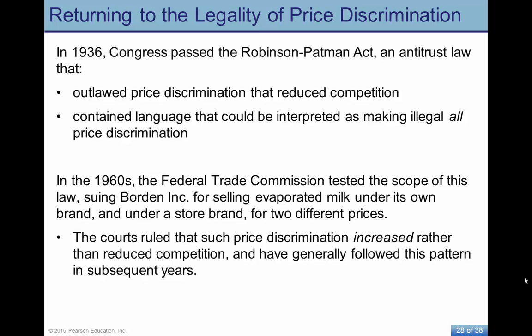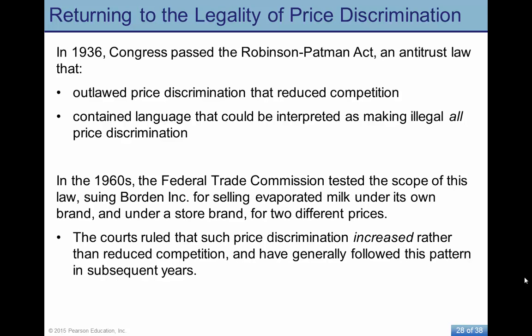Returning to the legality of price discrimination. In 1936, Congress passed the Robinson-Patman Act, an antitrust law that outlawed price discrimination that reduced competition, but contained language that could be interpreted as making illegal all price discrimination.